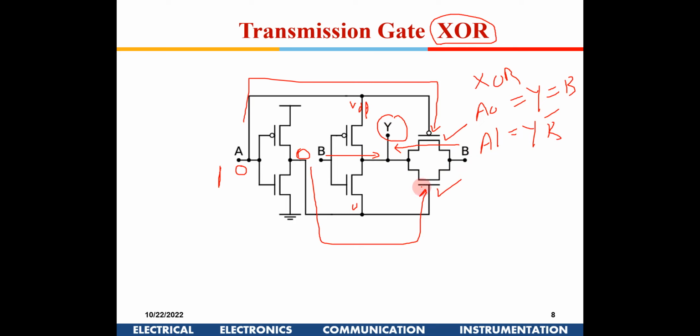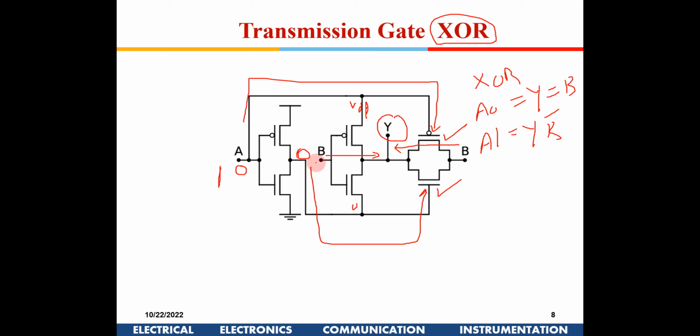This particular circuit saves a lot of area also. Now if you consider that these pass transistors generally don't have that kind of delay, this can be considered a single gate delay.